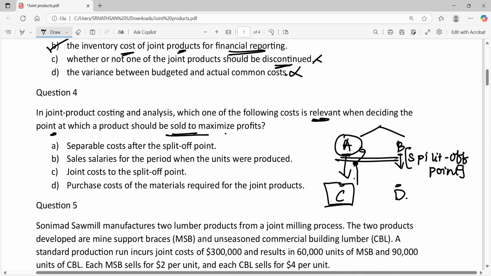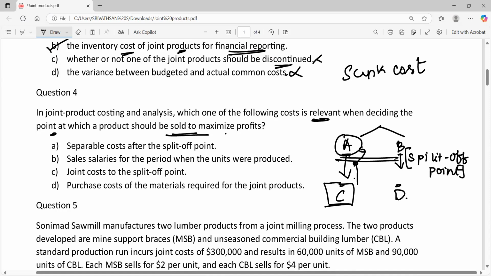For a cost to be classified as a relevant cost, it has to meet three conditions. It should be a future cost, incremental, and it should be a cash flow. Any cost that you have already incurred in the past is known as a sunk cost, or a historical cost, which is not a relevant cost, right?